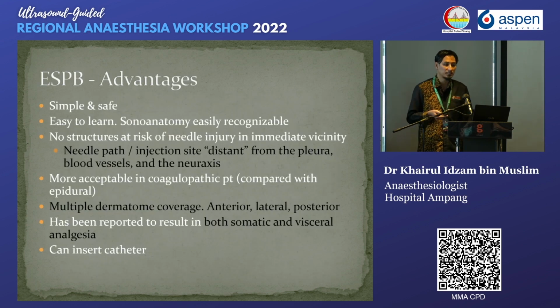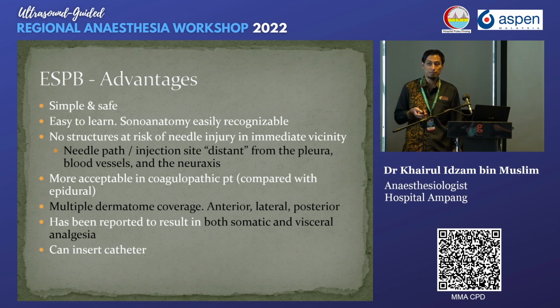So the advantages of the erector spinae plane block: it is simple, safe, and easy to learn. Sonoanatomy is easily recognizable. No structures are at risk of needle injury in the immediate vicinity. We just need to be careful with the pleura, but the pleura is quite far away, and at the transverse process level, the pleura is not in view. The needle path and injection site are distant from the pleura, blood vessels, and neuraxis.